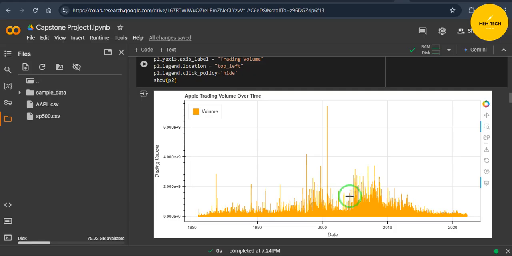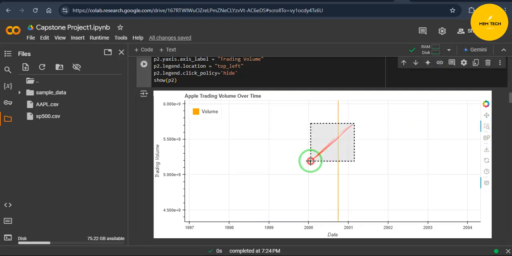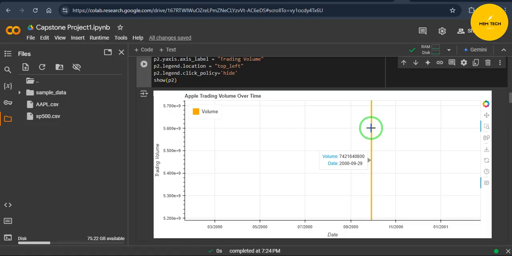Similarly, September 2000 saw high activity due to Apple's 2-for-1 stock split, exceeding 7 billion shares a day.